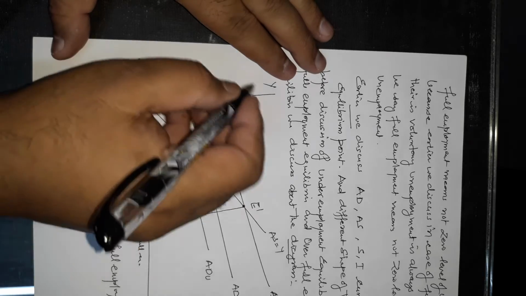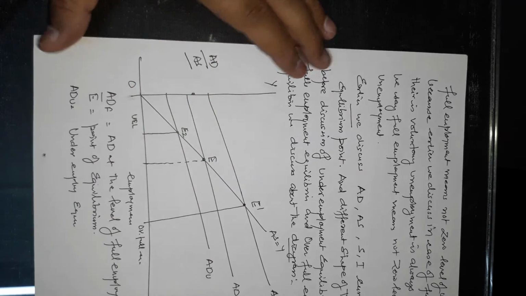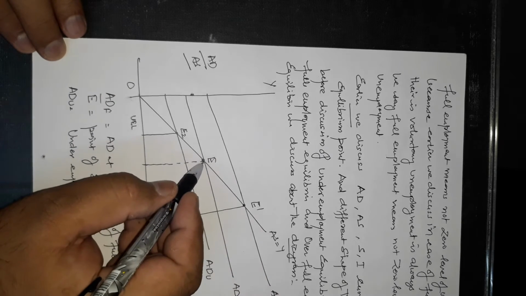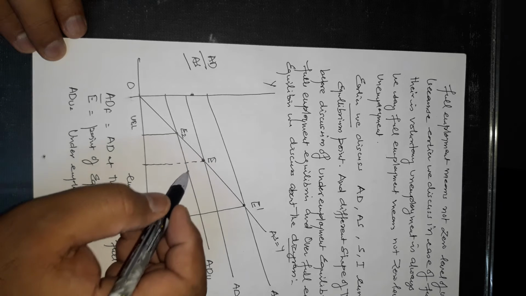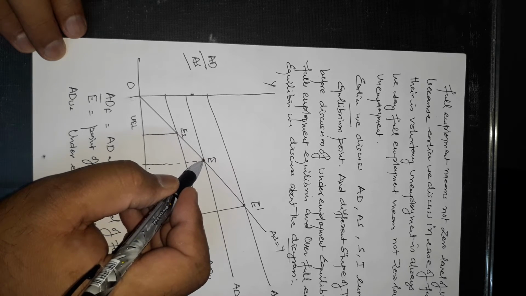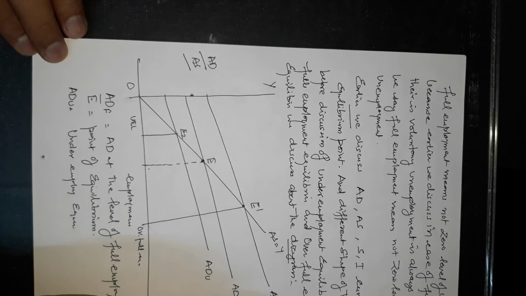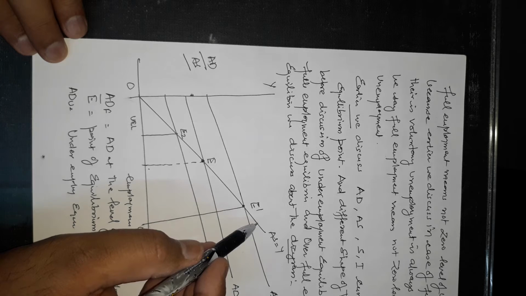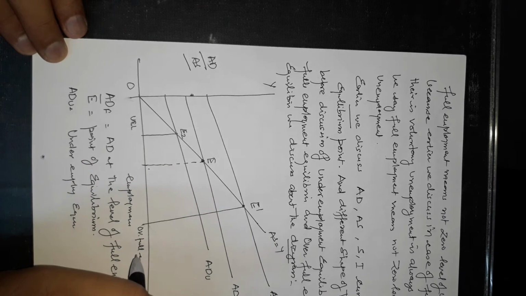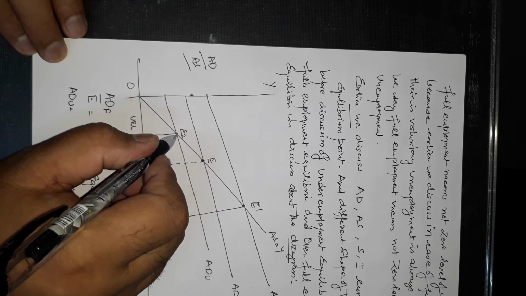So with the help of this AD and AS, we define three situations. One is the over full employment. Full employment is a situation where a person who is willing to do work at the given wage rate already gets the job. But after the full employment, if there is an increase in aggregate demand, there is not an increase in aggregate supply, so E1 is the point of over full employment, and this one is the underemployment.